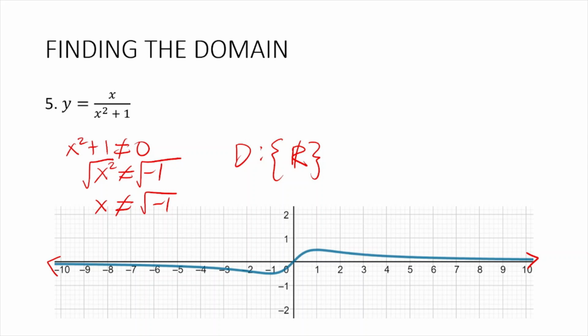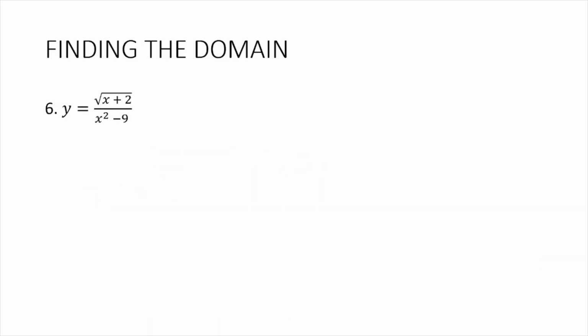Okay, next we have y equals square root of x plus 2 all over x squared minus 9. So we have a combination of rational function and radical function. Let's focus on the numerator. In this case, the numerator is a radical function, square root of x plus 2, and it's an even root.